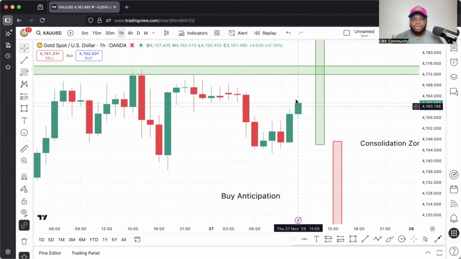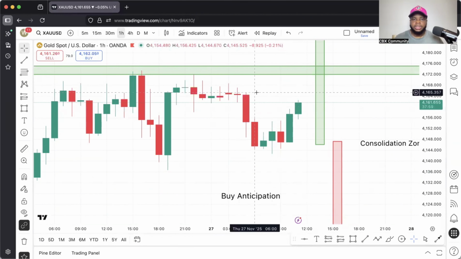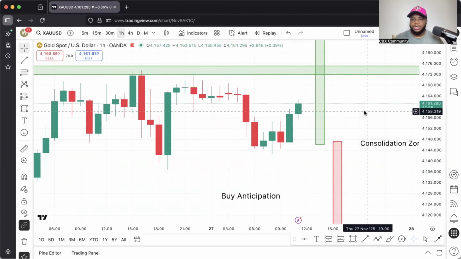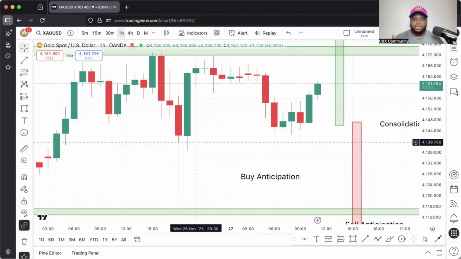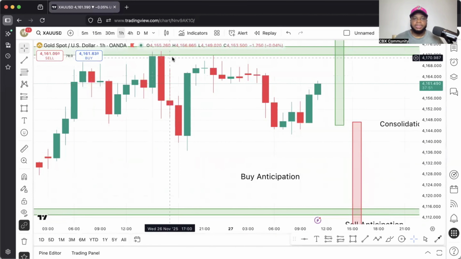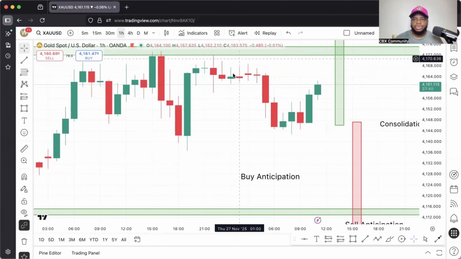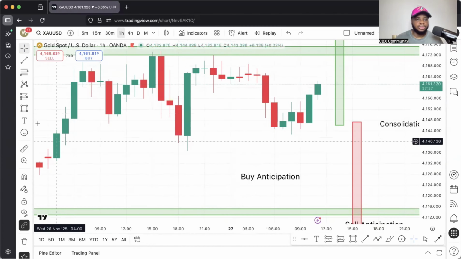For it to continue to go up to this minor resistance over here, we have a resistance zone over here. So we are going to identify our support zone over here, because from this resistance zone down to this support zone, the range is very big, which we are looking at 500 pips thereabouts. But we will need to reduce this consolidation zone.